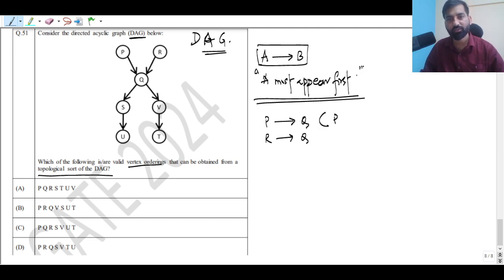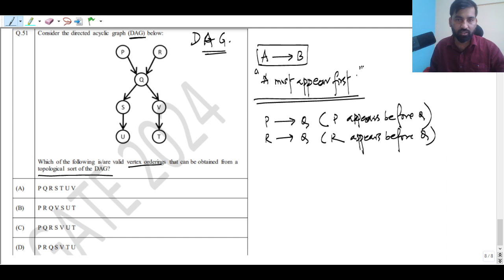P appears before Q, and R appears before Q. So your vertex ordering is going to start with PR, then Q will come, so it will be PRQ.